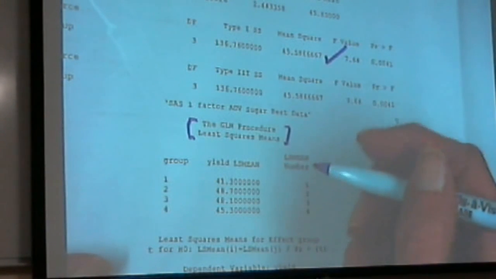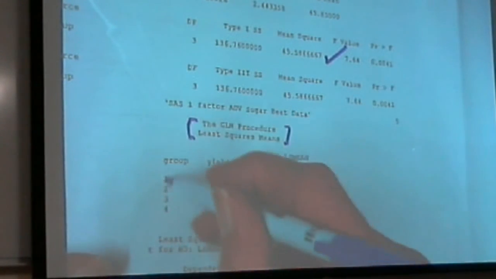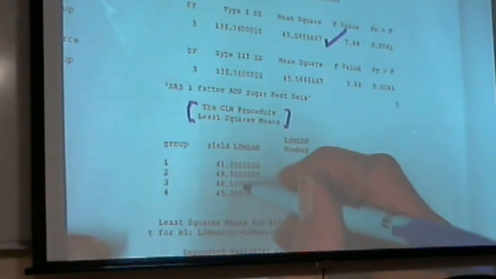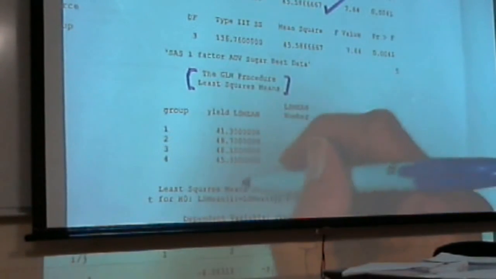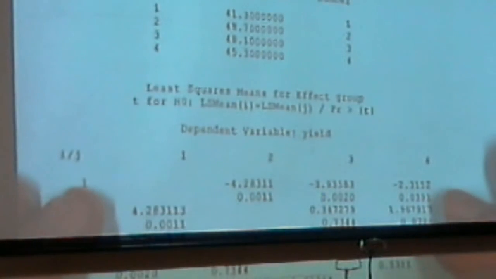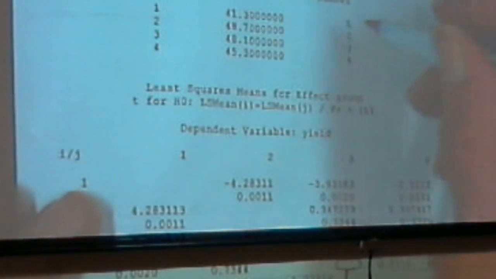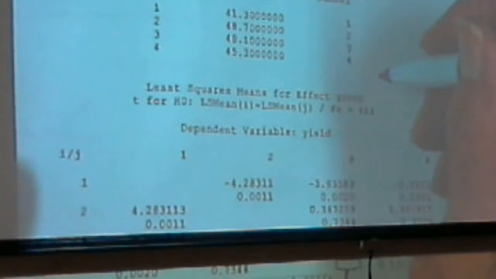So it gives us the idea that the groups are officially labeled in the data 1, 2, 3, 4. The means are these numbers here, and if we would go back and check, these would agree with the summary statistics that we saw earlier on these 4 groups. And then this is sort of a number that's going to be used by this procedure.